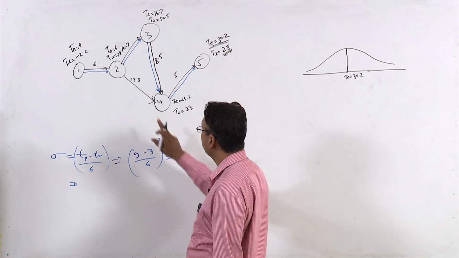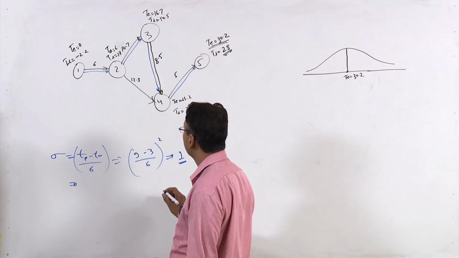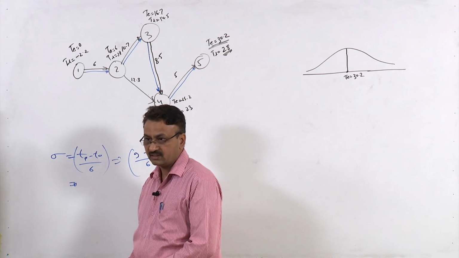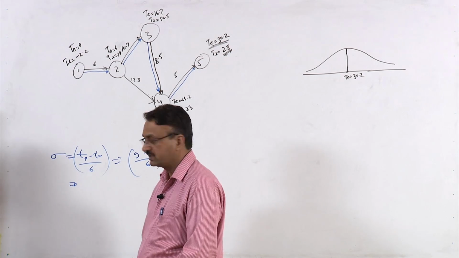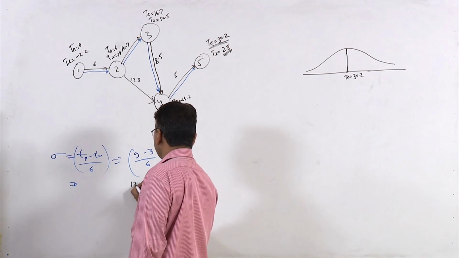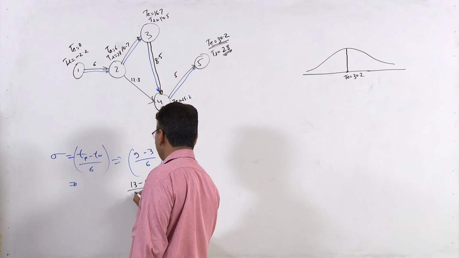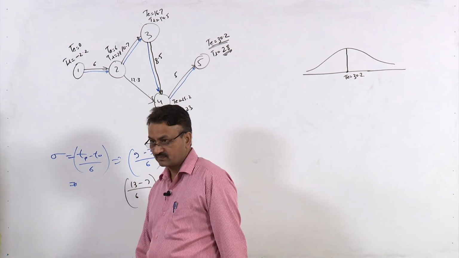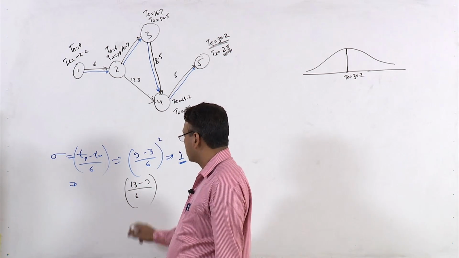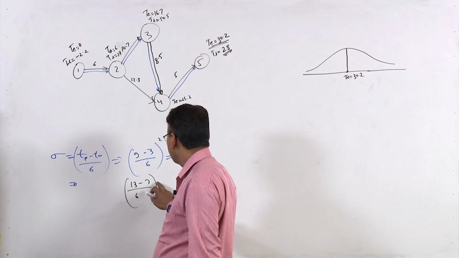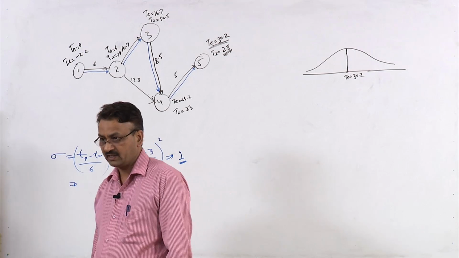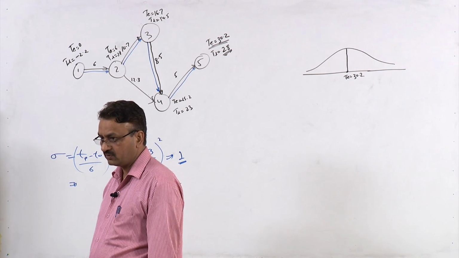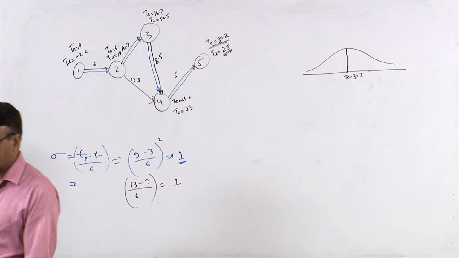Similarly for activity 2, 3, the different time estimates are 7, 11 and 13. So 13 minus 7 is 6, 6 by 6 is 1, so this is also 1. And for activity 3, 4, you got 4, 8 and 15.